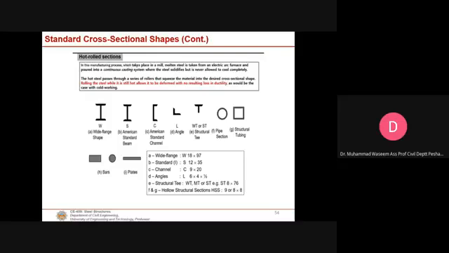For example, you are producing steel in a furnace, and the steel is in the molten form.